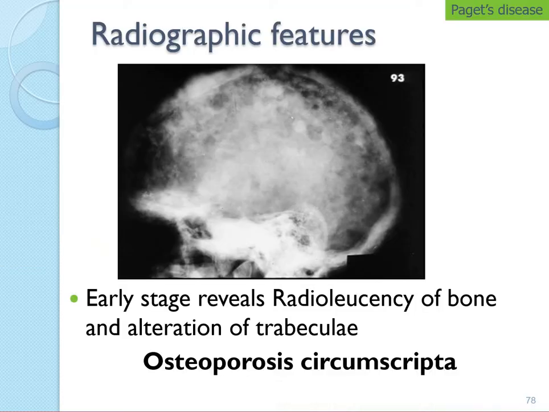Radiographically, because of the extra bone being formed, the tables of the skull may not be visible clearly. The trabecular pattern of the skull may not be visible. So basically you see a radio-opacity with circumscribed radiolucent lesions. This is why it is called osteoporosis circumscripta.